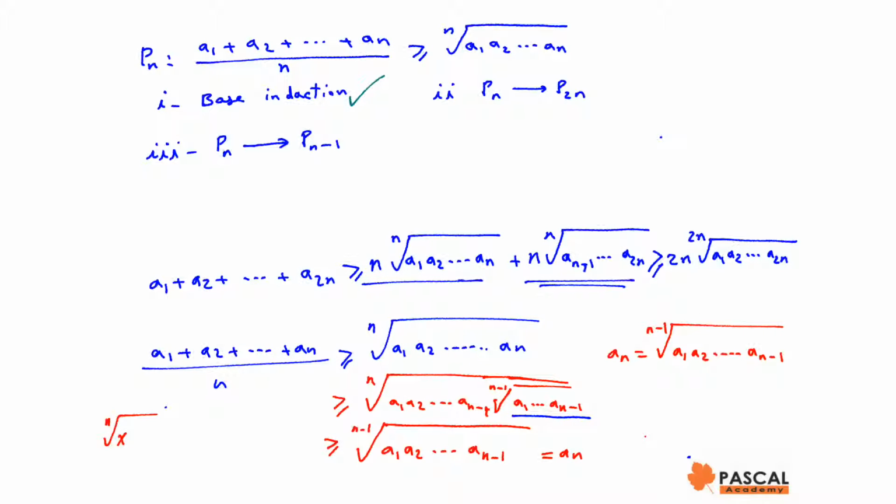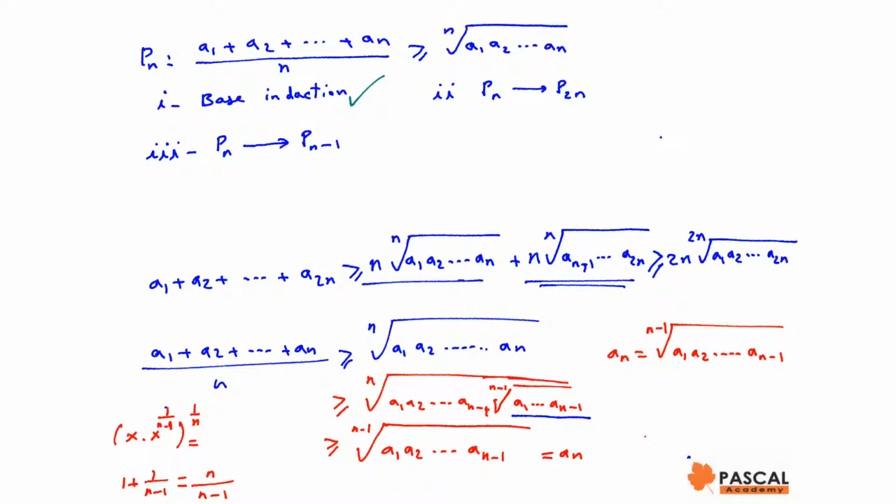We know the n-th root of x times the (n minus 1)-th root of x is the same as, we take the common denominator between 1/n and 1/(n minus 1), we have n over n minus 1.